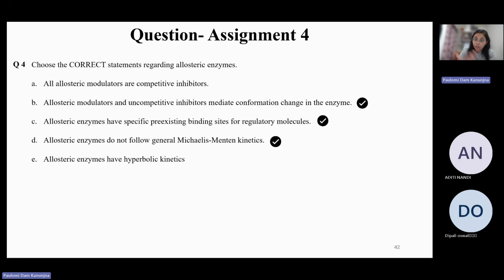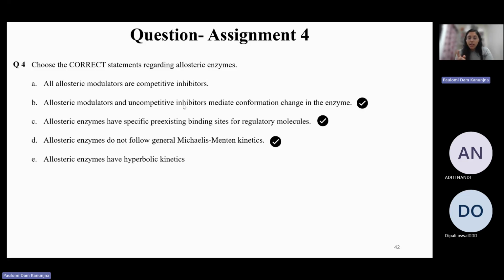That's also correct, because they're not binding to the active site. Allosteric enzymes do not follow the Michaelis-Menten equation. Yes, because they change the kinetics in a sigmoidal manner. There is a saturation to it. And allosteric enzymes have hyperbolic kinetics? No. Like I said, they have sigmoidal kinetics, not hyperbolic, which is the characteristic of Michaelis-Menten kinetics.